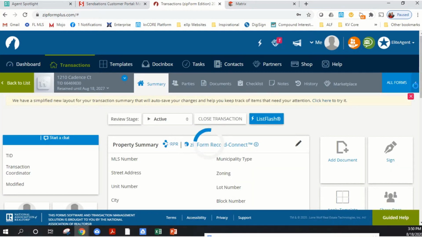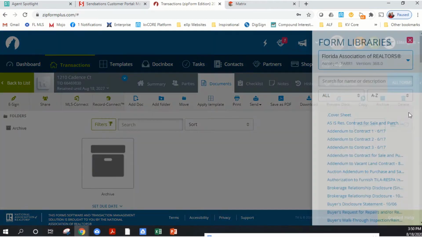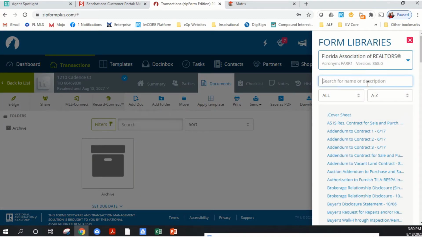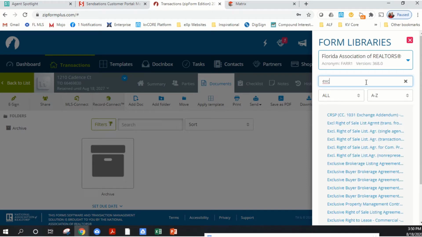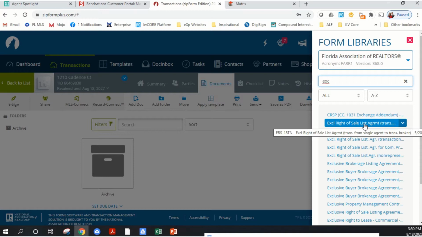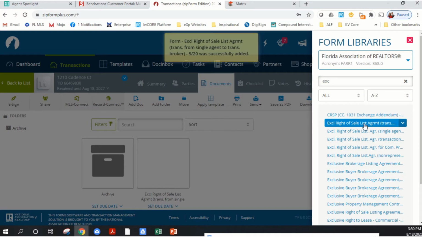Okay. The listing agreement that EXP wants you to use is exclusive right to list, and you're going to have to scroll over it and see. It says transition from single agent to transaction broker. That's the one.